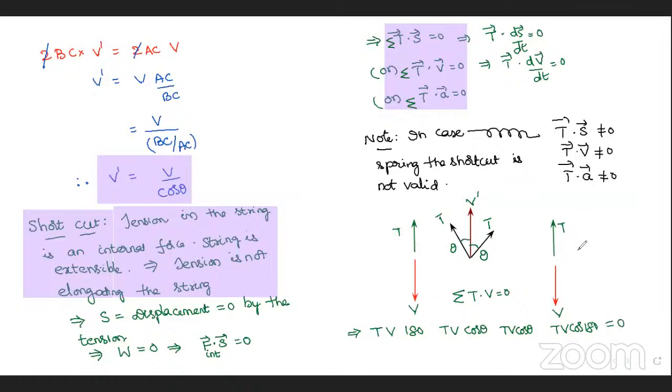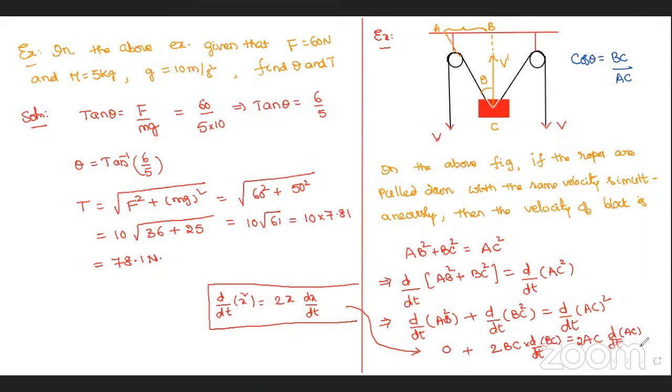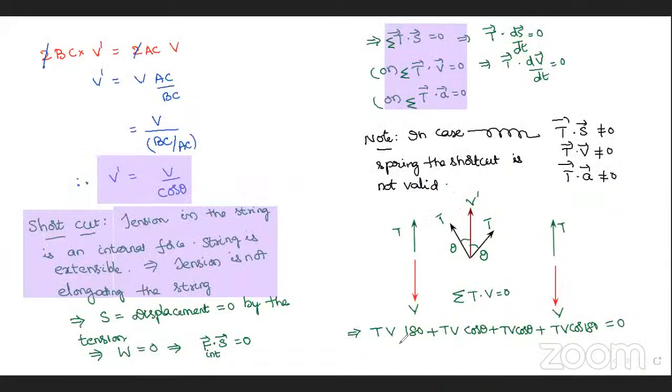Here 4 T dot V's are there altogether: T dot V here, T dot V there, T dot V here, T dot V here, all together algebraic sum. If you understand this step, then in just 2 steps you will get the answer. Avoiding the differentiation, the right angle triangle, this whole explanation you can avoid.